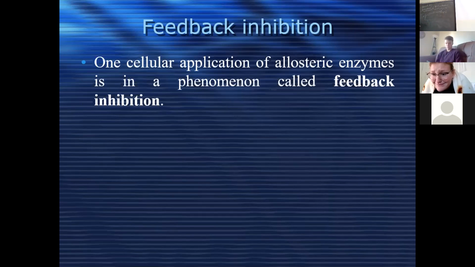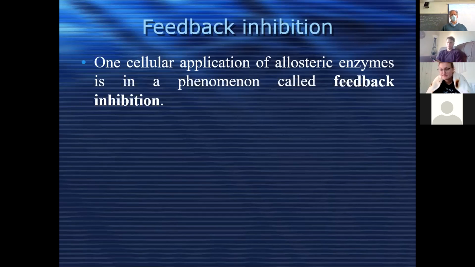And then if bound by the effector, you may get something like this. That looks almost linear, doesn't it? Or something like this, where higher substrates actually start to inhibit the enzyme. So the types of kinetic variations will vary. That's the piece I'm trying to get you to see here.